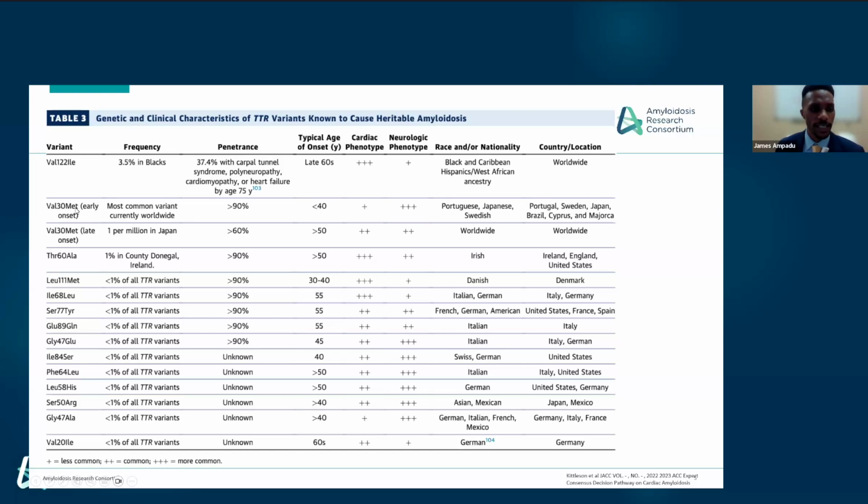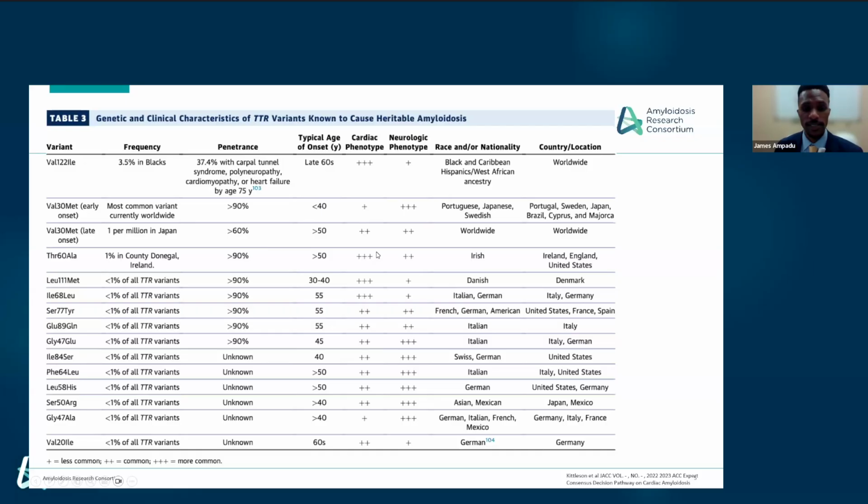And then V30M, there's an early and a late onset. So early onset, you can see it less than 40 years old. And the late onset, you can see it greater than 50 years old. And you can see this in Portuguese, Japanese, and Swedish descent. And this particular early V30M has a more neurologic phenotype.